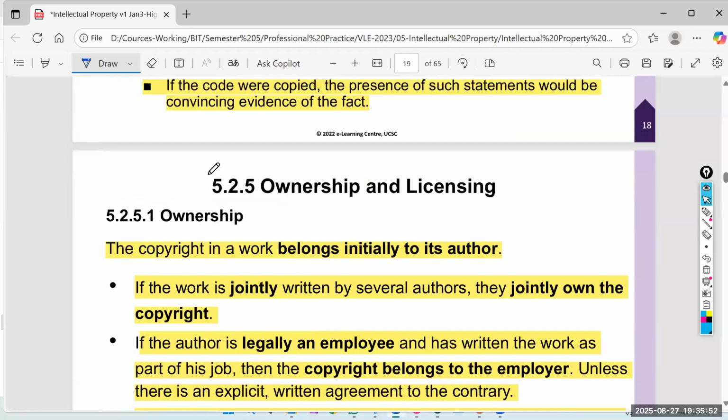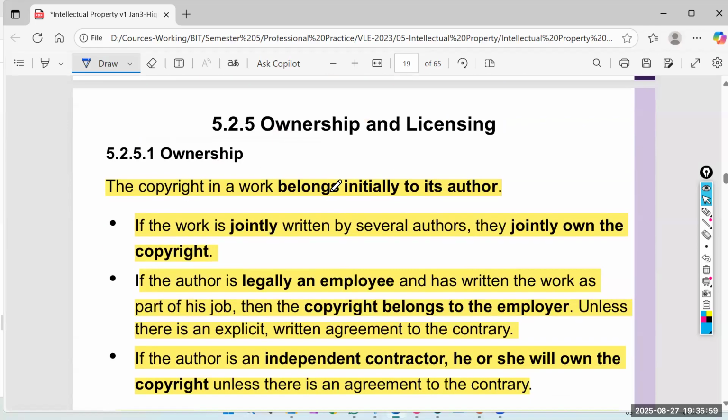So what are the concepts related to ownership? Remember, when someone develops software or a database or literary works, the copyright is with the original author.